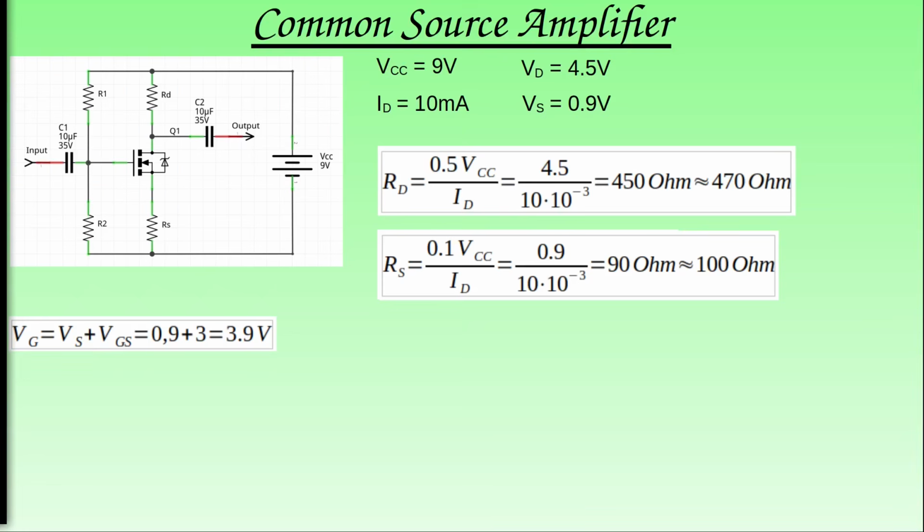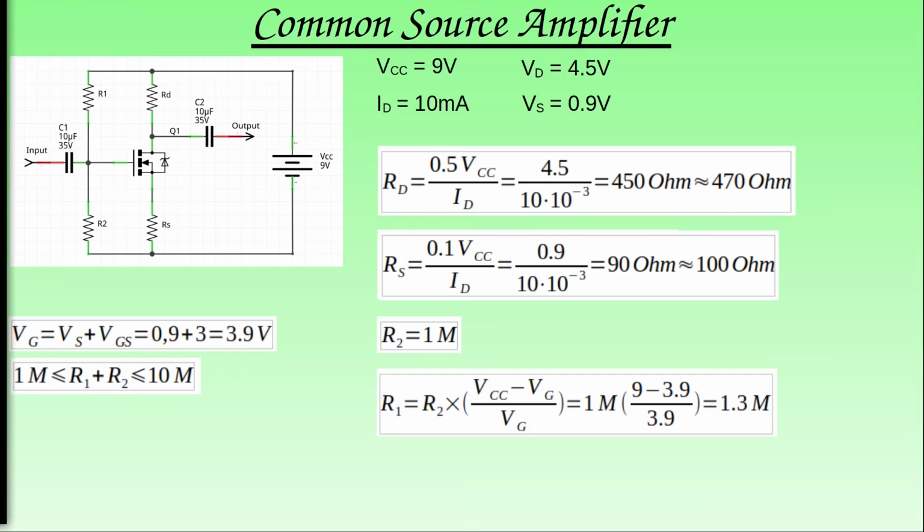A good rule of thumb to set the total divider resistance is to use something in between 1 and 10 megaohms. For example, we can choose 1 meg for R2. From there, we calculate R1 based on the voltage ratio we want, and this will give us, at the end, a value of 1.3 megs, which we have to round down to 1.2 megs.